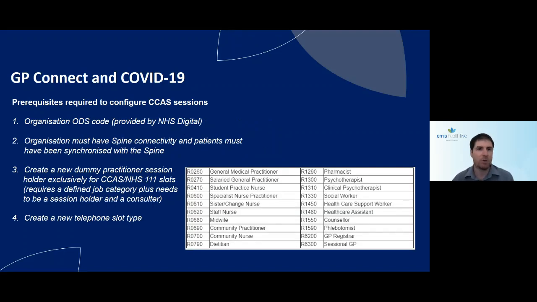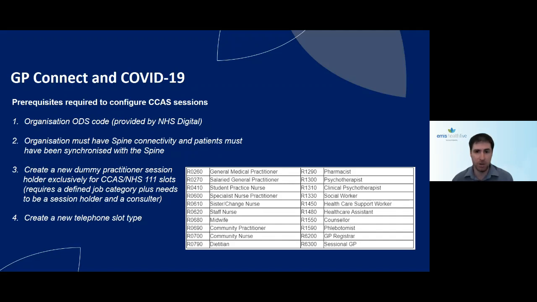The prerequisites required to configure CCAS sessions are that the organisation needs an ODS code, which is provided by NHS Digital. The organisation must have spine connectivity and patients must have been synchronised with the spine. We have advised, from EMIS, to create a new dummy practitioner session holder exclusively for the CCAS NHS 111 slots.